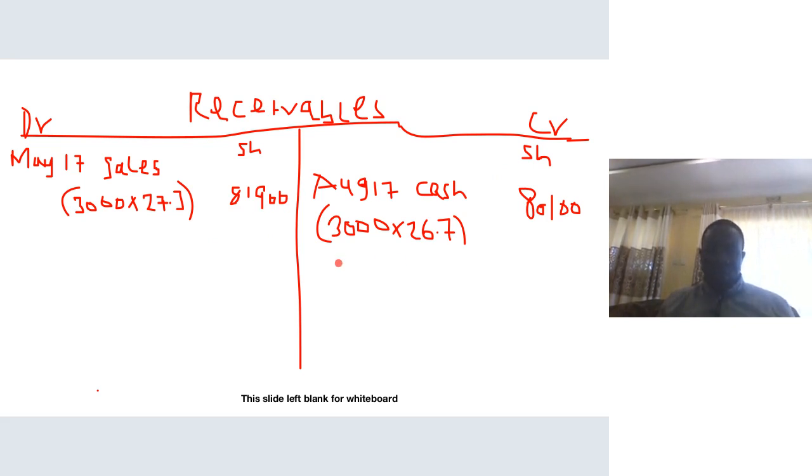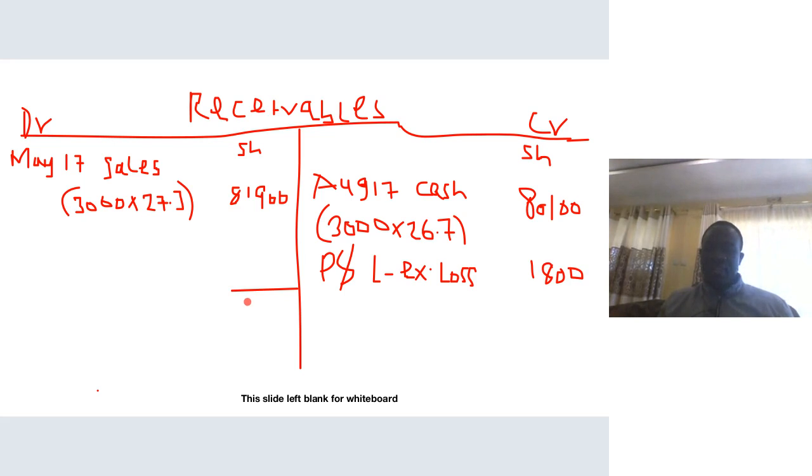So that amount, we will take it to the P and L account, the profit and loss account, and this is an exchange loss of 1,800. So then you just get the total.